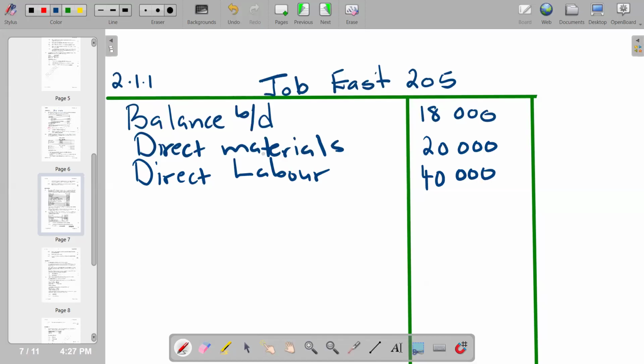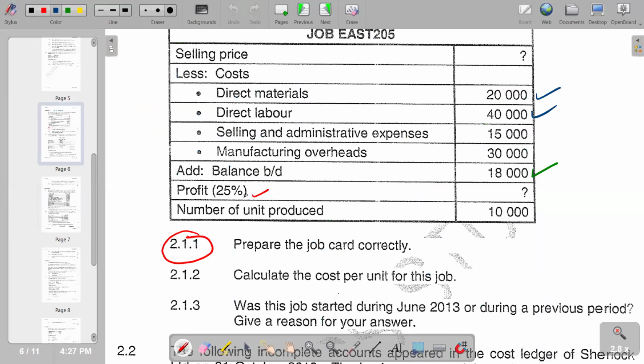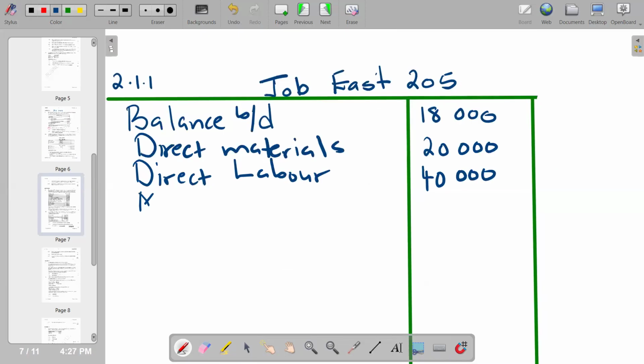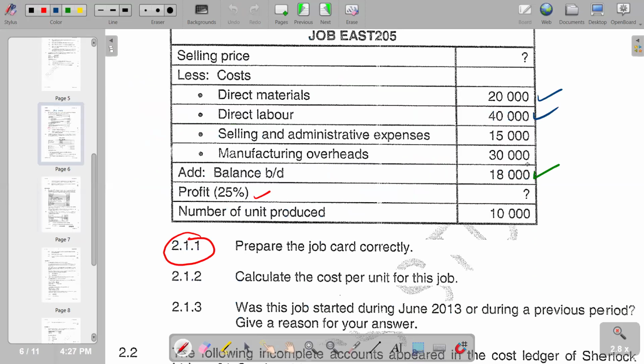The other production cost that we have is manufacturing overheads, which is 30,000. So we also include that. The manufacturing overheads amount that we have is 30,000, so we indicate 30,000.